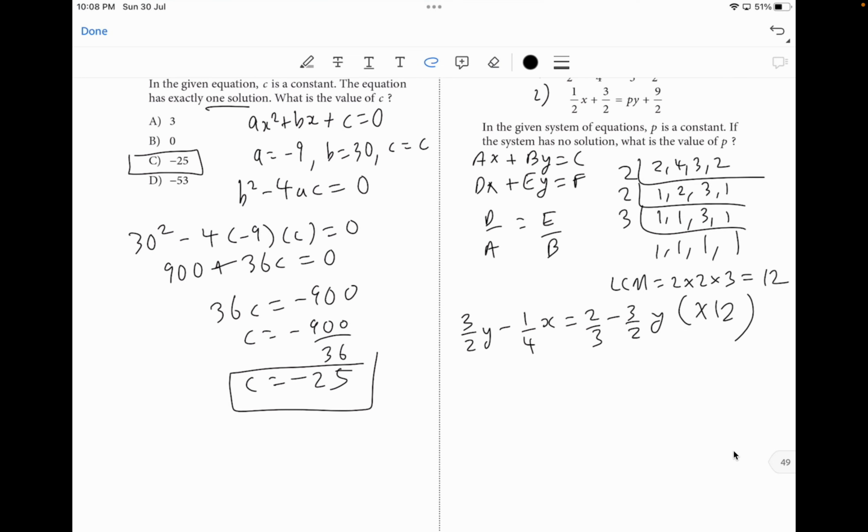So you have 18y minus 12 divided by 4, which is minus 3x, equal to 2/3 times 12, which is 8, minus 3/2 times 12, which gives you negative 18y.